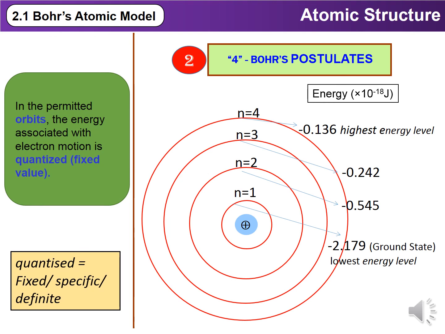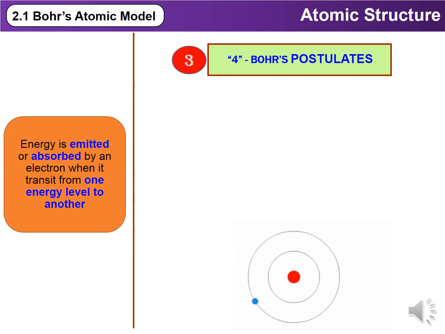The second postulate says that every level has its own energy. So when they are in the first level, look at the energy. How do you know this energy level? We have a formula to calculate. Each level must have that much energy. For the lowest level, it is negative 2.179, the lowest energy level. And for the highest energy level shown, you have negative 0.316. So they are all fixed.